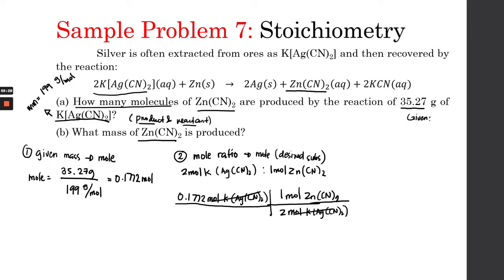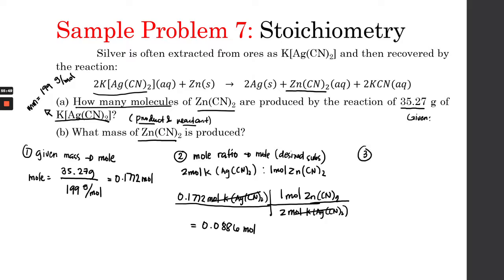And we'll actually get the moles of Zn(CN)2, which is 0.0886 moles.